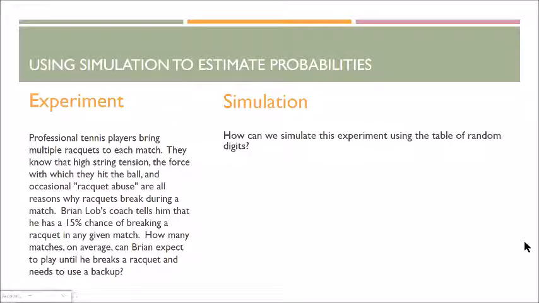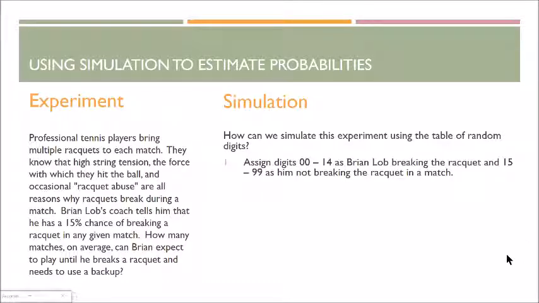So first I have to use the table of random digits and assign digits. There's a 15% chance of him breaking the racket, right? So I can break up the digits into 2-digit numbers, and I want 15 out of 100 of them. So 0 through 14 would be Brian Lobb breaking the racket, and then 15 through 99 would be him not breaking the racket in a match.